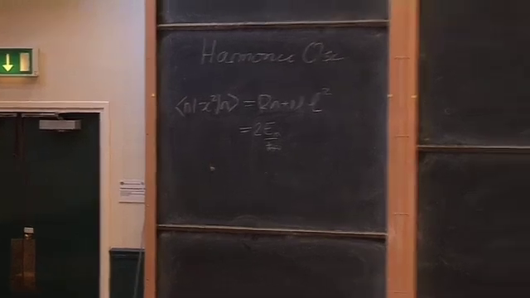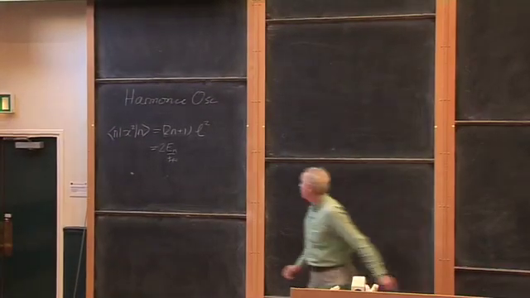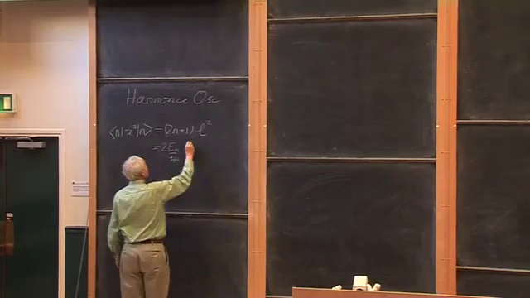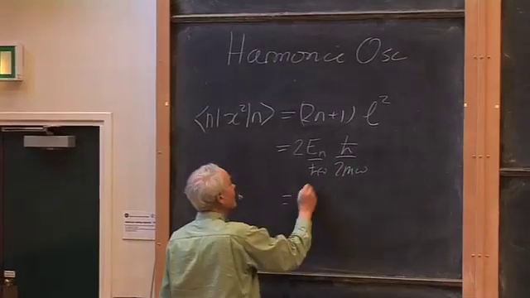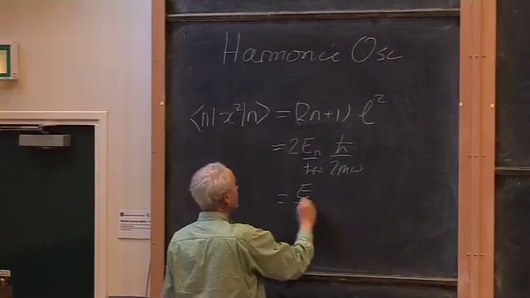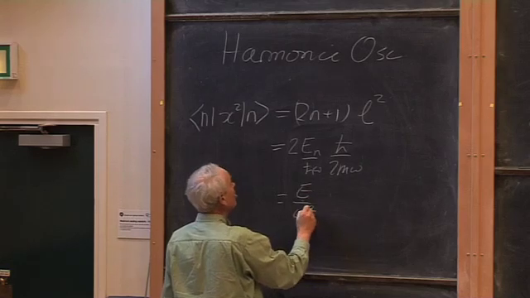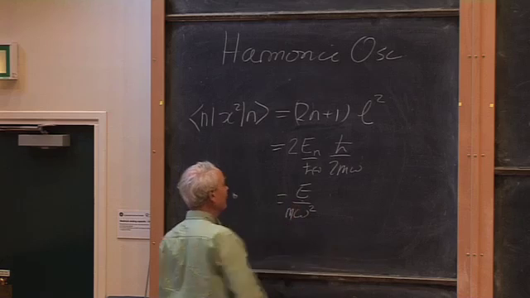I probably had better check that my memory is correct, yes. So this L squared is h bar over 2m omega. So therefore, this is the energy. Various things cancel over omega squared. The 2's cancel. Oops, we need an m. That survives in the algebra.